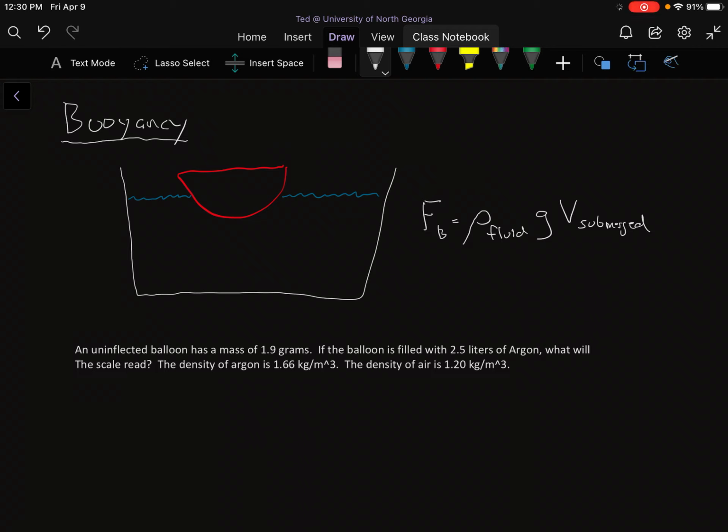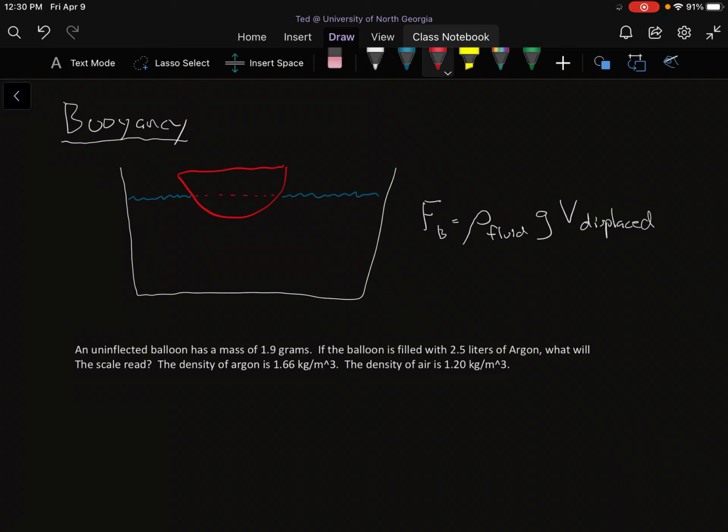Okay, so for example, with this boat, and actually, maybe the best way to say this is the volume of fluid that has been displaced. But that's the same thing as the volume that's underwater, the volume that's inside the fluid.